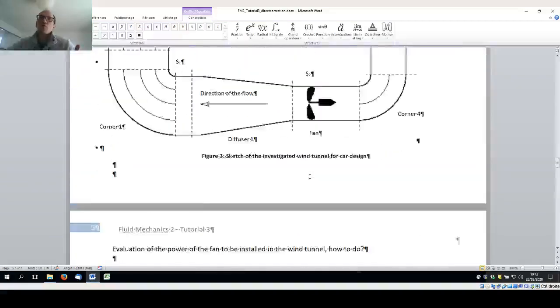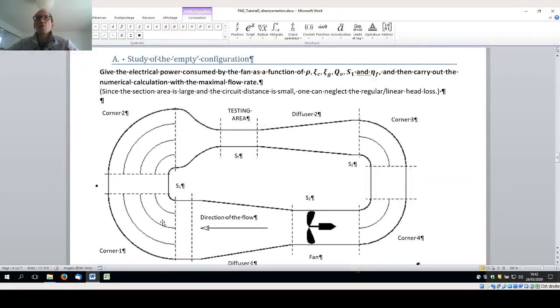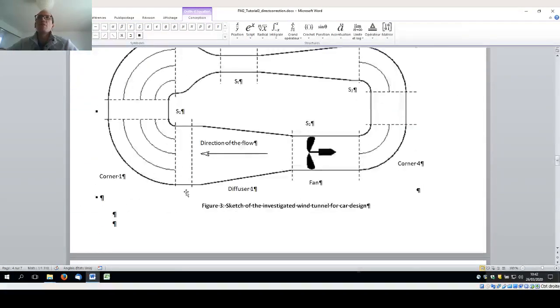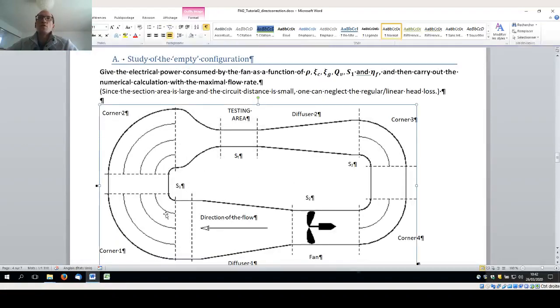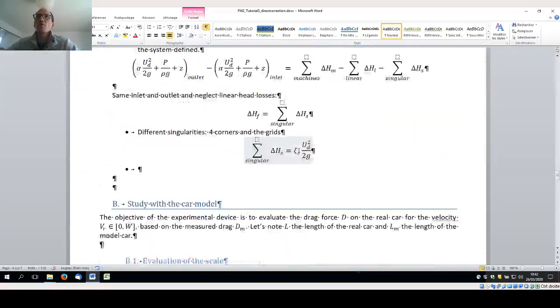So in the configuration we study, what you have to be careful about is that you have 2 corners which are on a large section S1 and 2 corners on a smaller section S2 here. So if you have 2 different sections, S2 and S1, this means that you have different velocities here, and you have to take into account the correct velocity.